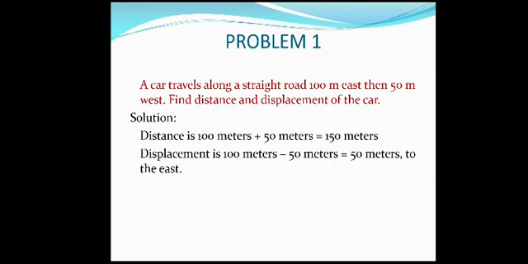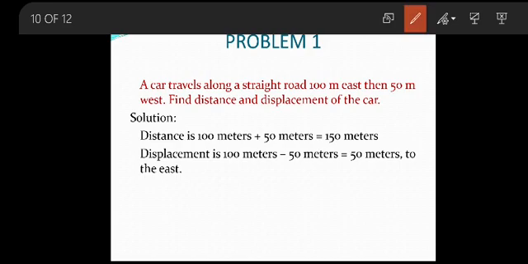Before going to that, we will see a problem. The question is, a car travels along a straight road 100 meter east and then 50 meter west. Find the distance and displacement of the car. So this is my north. This is my east.